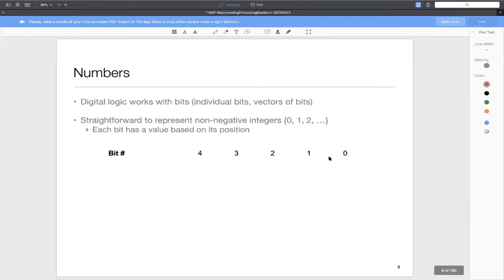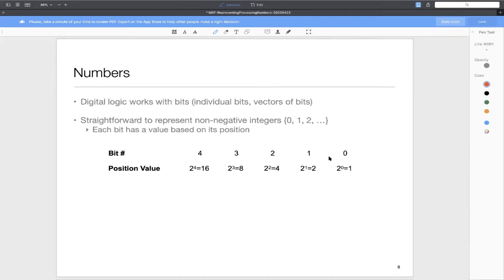If you think of a vector of bits to have the bits numbered 0, 1, 2, 3, typically we write them so that bit number 0 is at the rightmost point, and as we move from right to left, the index, or the position number of the bit, goes up. And we assign the weight to these positions: 2 to the power position number. So if position number is 0, then the weight is 1. If position number is 3, the weight is 8.